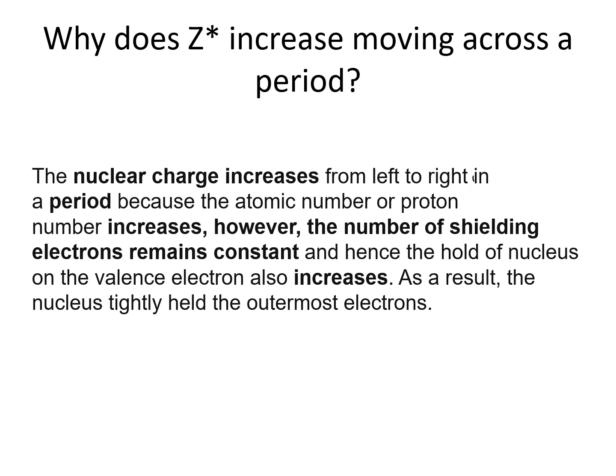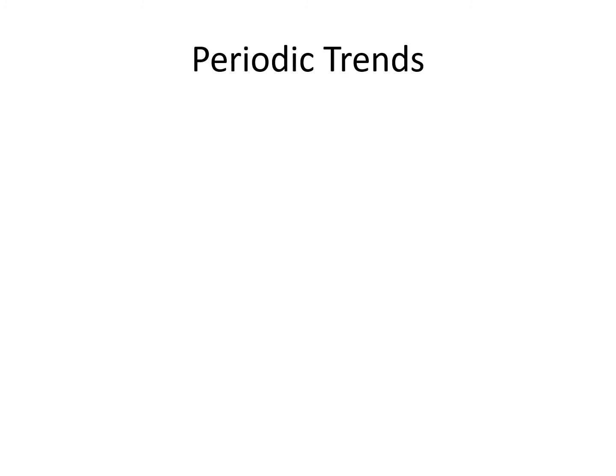So those outer valence electrons are held tighter as we move from left to right. And that's, as I said, going to contribute to periodic trends that we're going to talk about. So I want you to keep that in mind to help us understand.